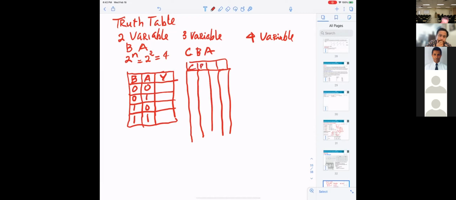C, B, A, Y, and rows 1, 2, 3, 4, 5, 6, 7, 8.